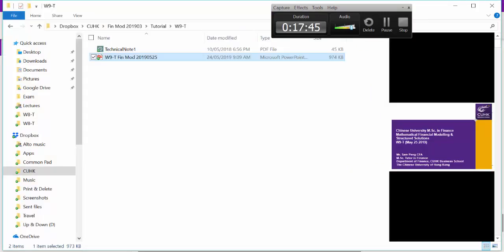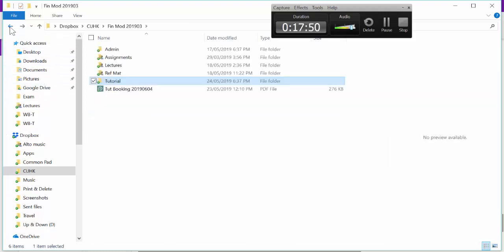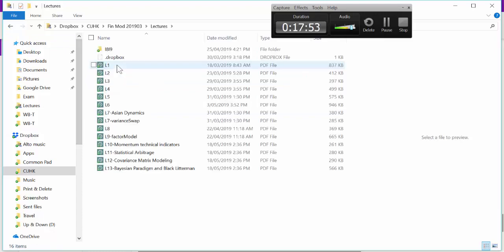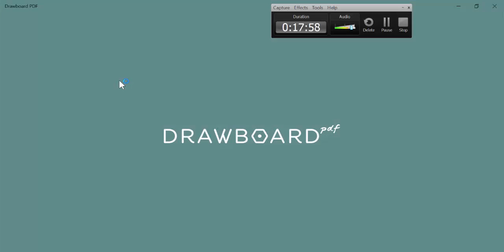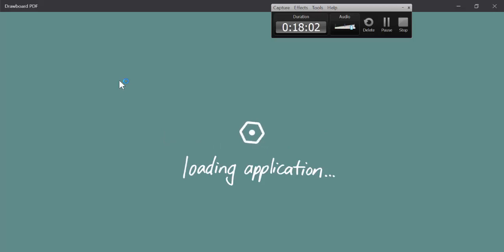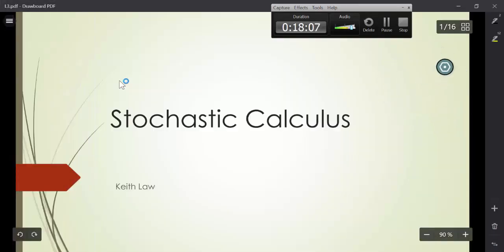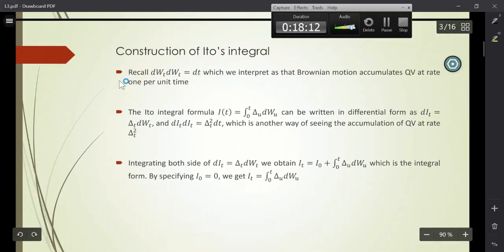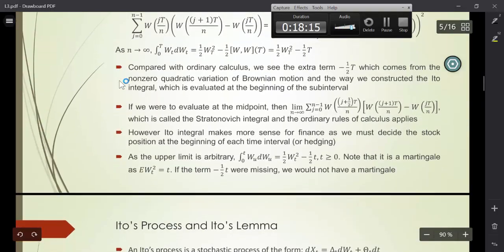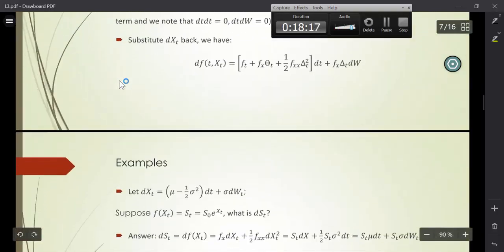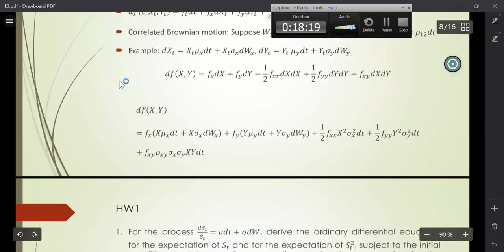Now, let me go back a bit and draw your attention to something somebody was asking about, I think it was lecture 3, where Keith touched upon the Cox-Ingersoll-Ross interest rate model. And he gave you guys a little challenge.